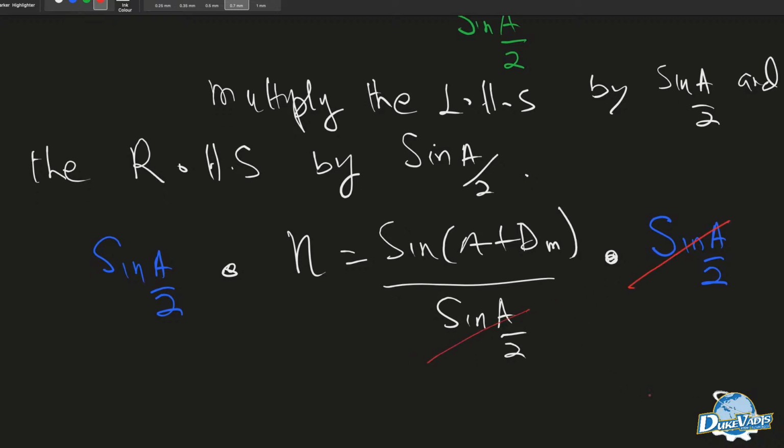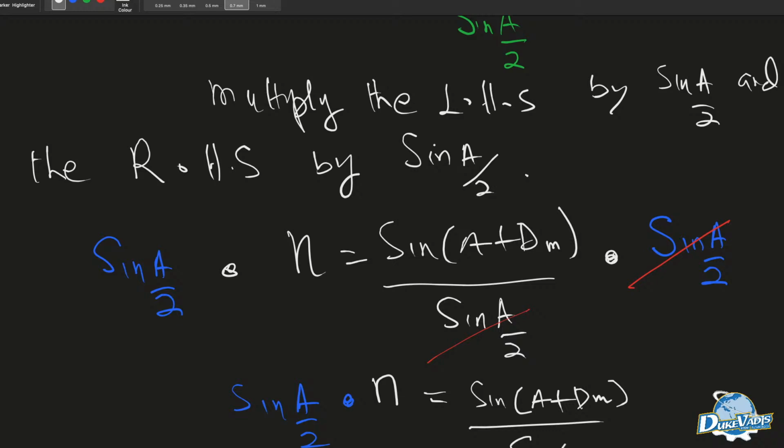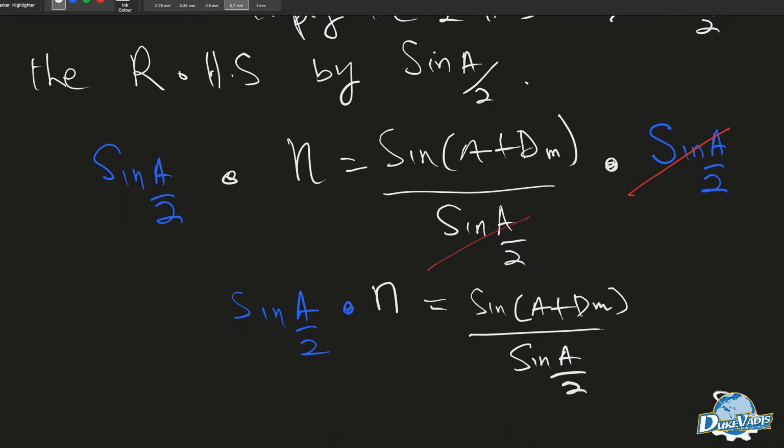So we'll be left with sine A over 2 multiplying n, which is n times sine A over 2, equal to sine of (A plus D subscript m). You see, friends, does it make sense?